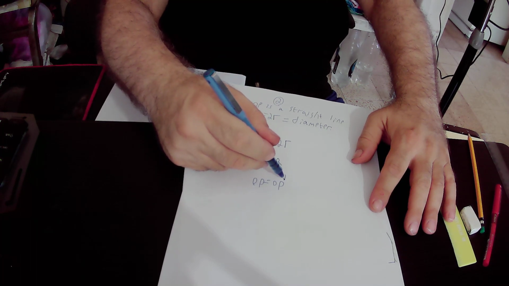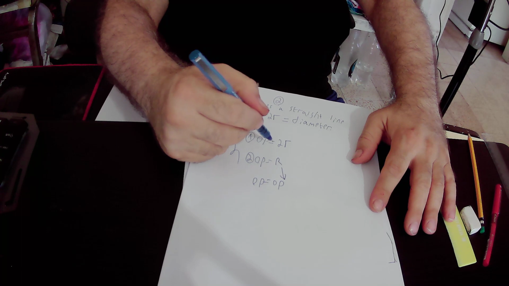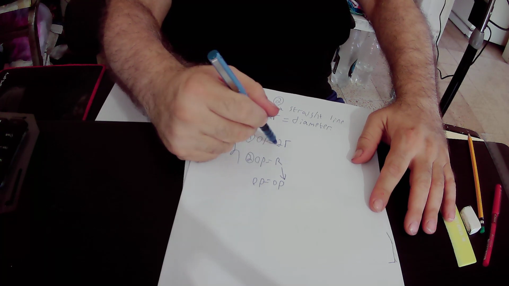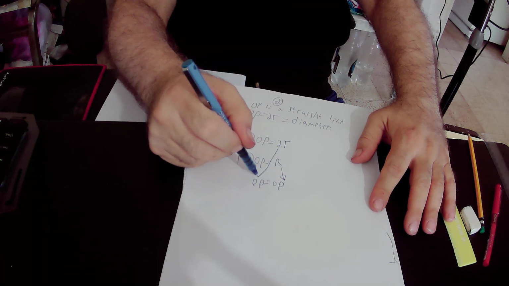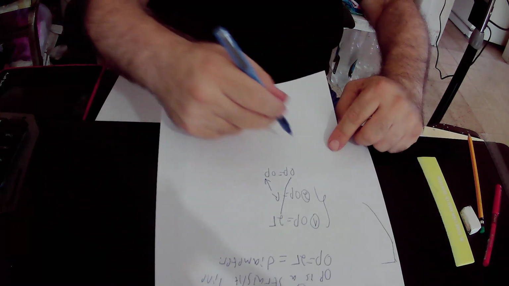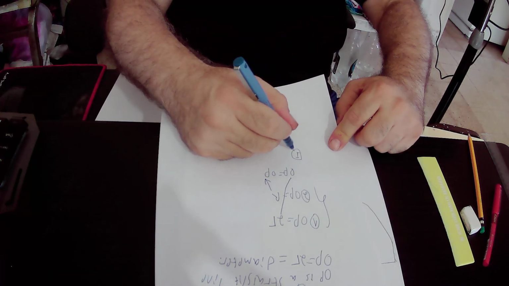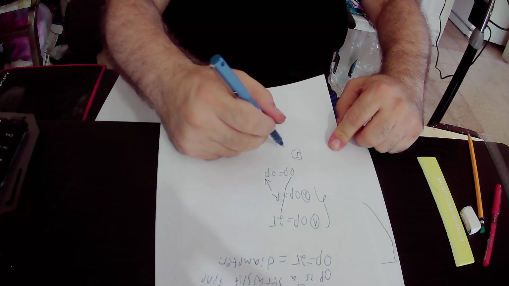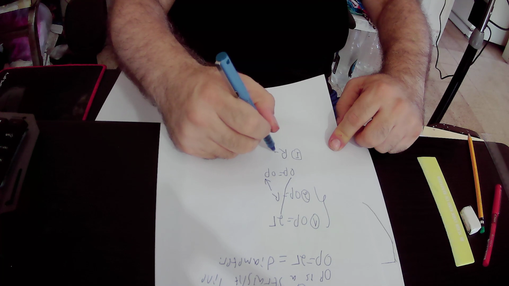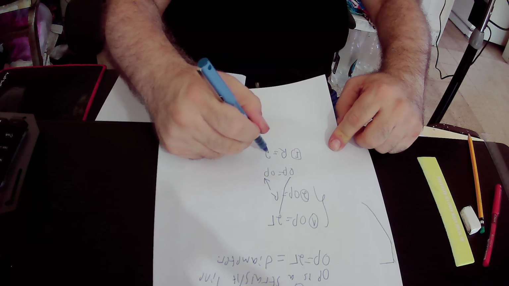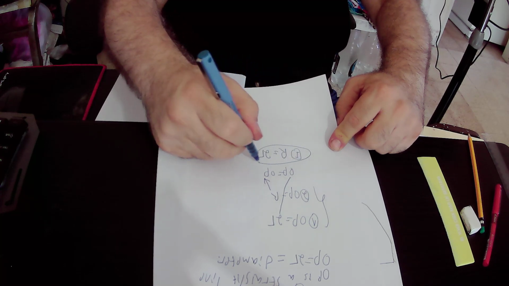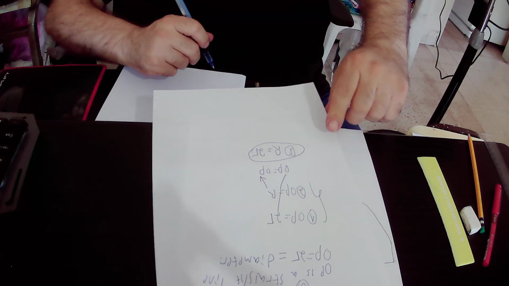Instead of OP you can substitute R, and you can substitute OP by 2 times the small radius. So the radius of the semicircle equals 2 times the radius of the yellow circle. This will be our first equation.